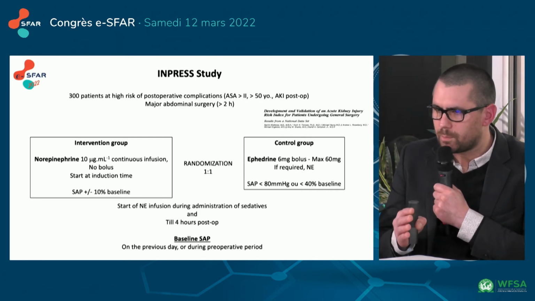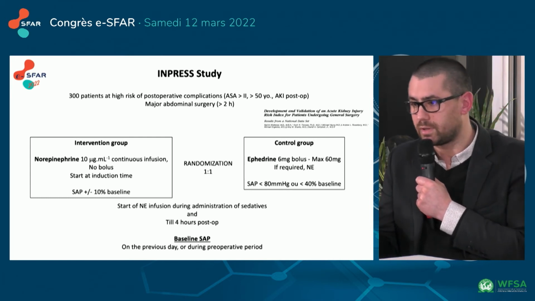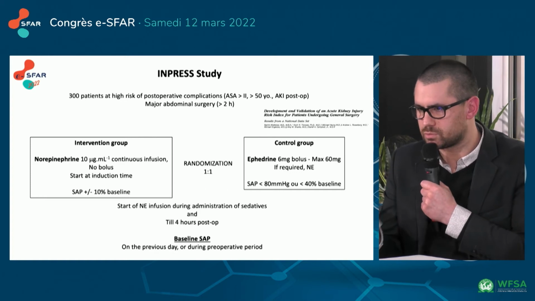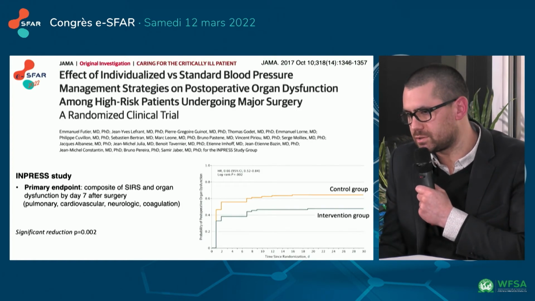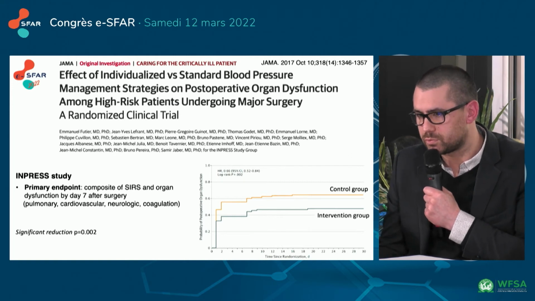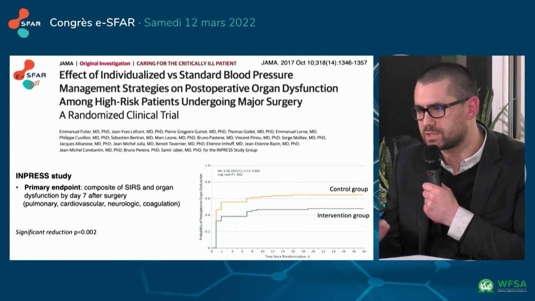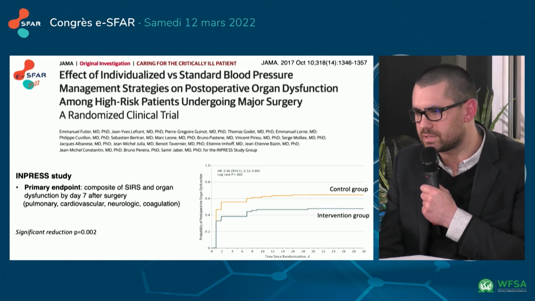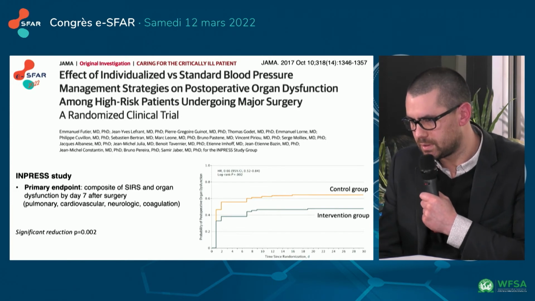So we just compare norepinephrine to ephedrine, and there are two different strategies to optimize this. And finally, the main conclusion of this paper is that in the intervention group, you just decrease the primary endpoint, which was a composite of organ dysfunctions by 7 days after the surgery, and significantly.